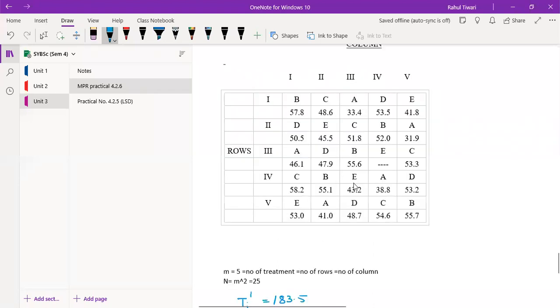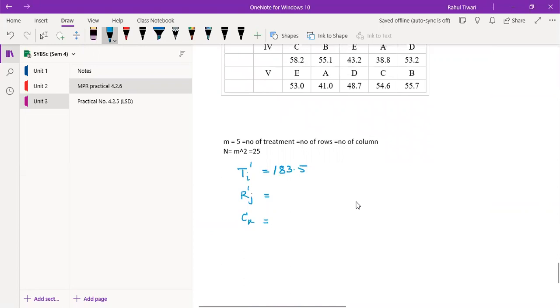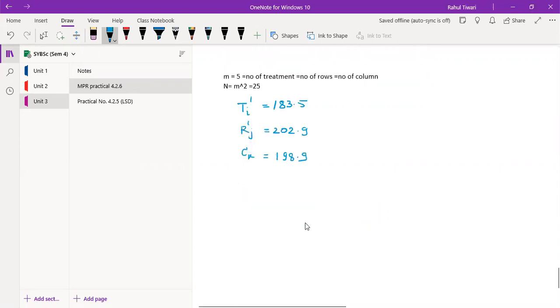What could be your row total? 202.9. Yes, 202.9. 198.9. Correct. Column total becomes 198.9. So you can have a grand total then, which is how much? 1171 point, just check.